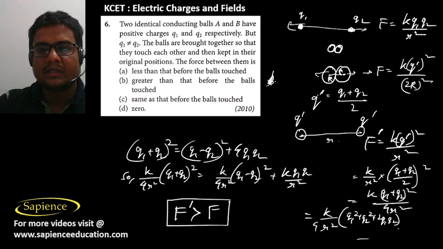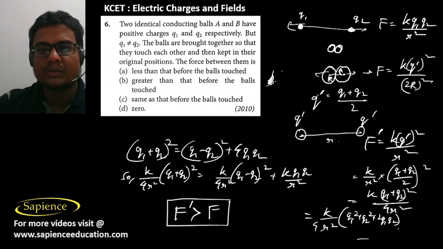And after they are kept in contact, after they are being touched with each other, then their charges will be q1 plus q2 by 2, q1 plus q2 by 2. Since why?